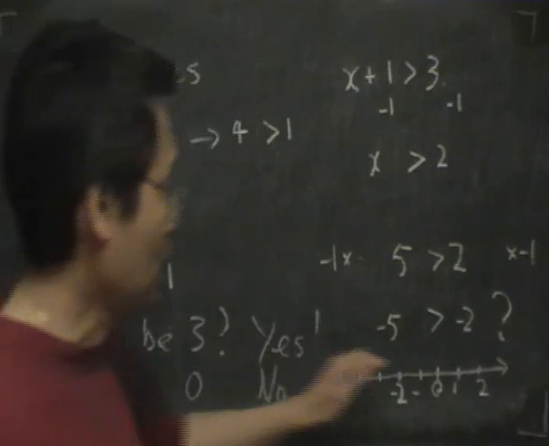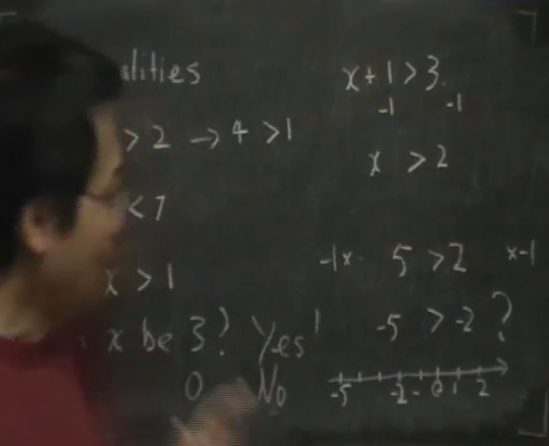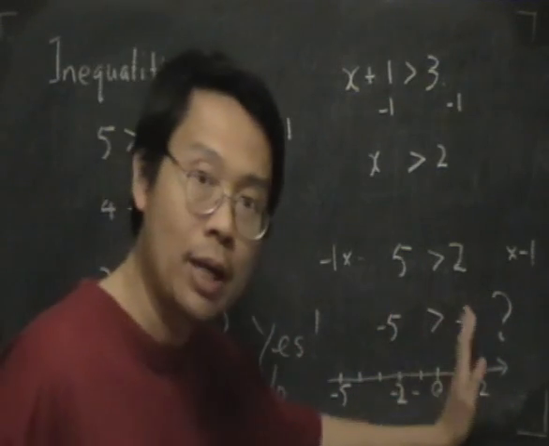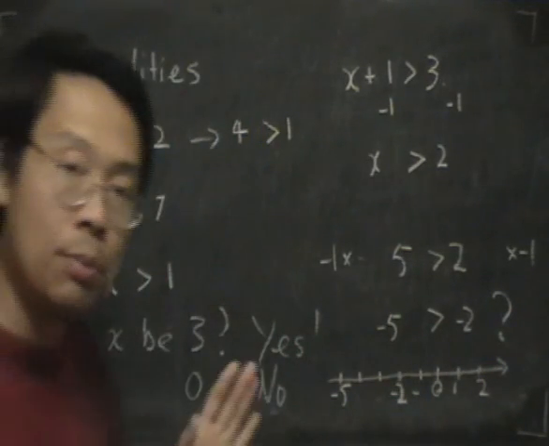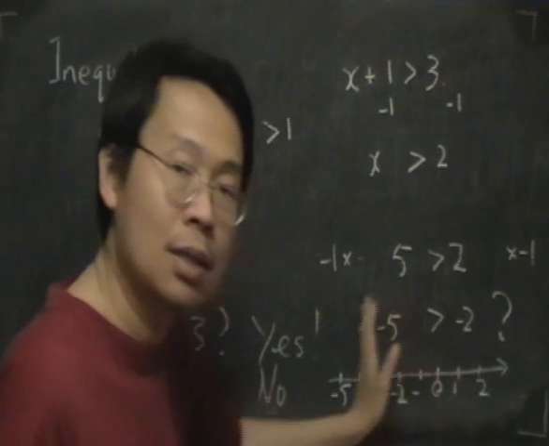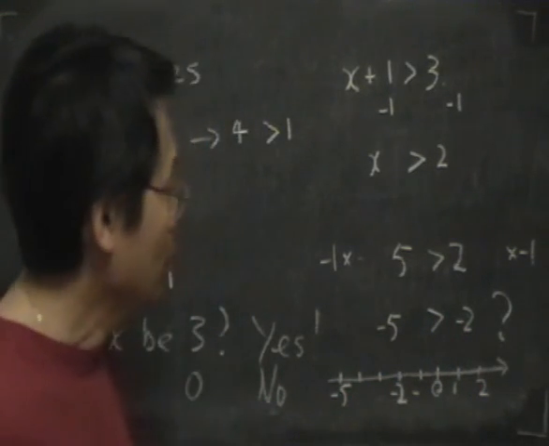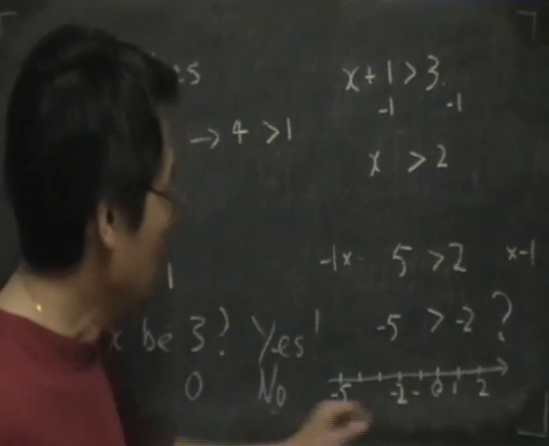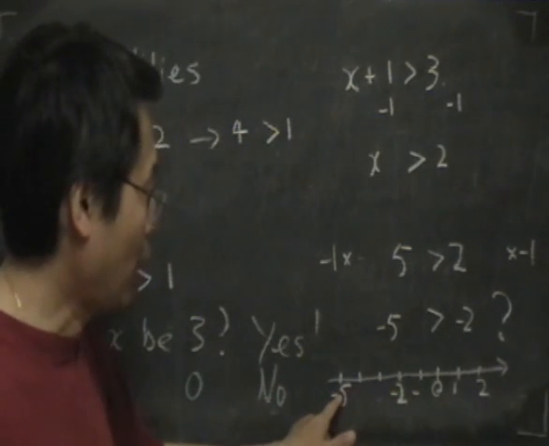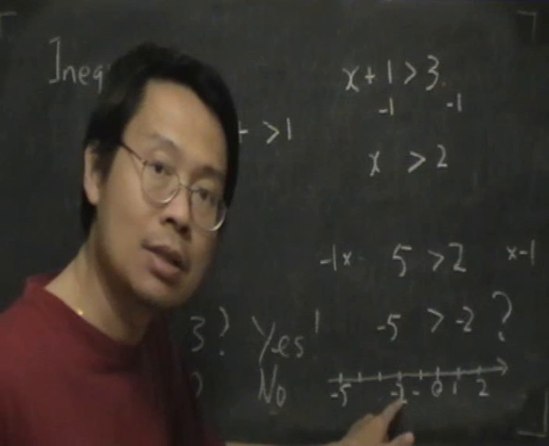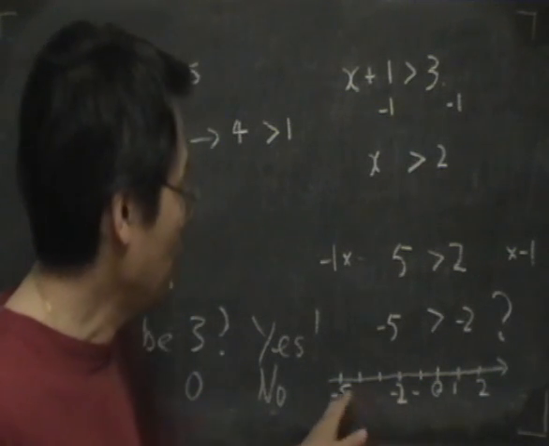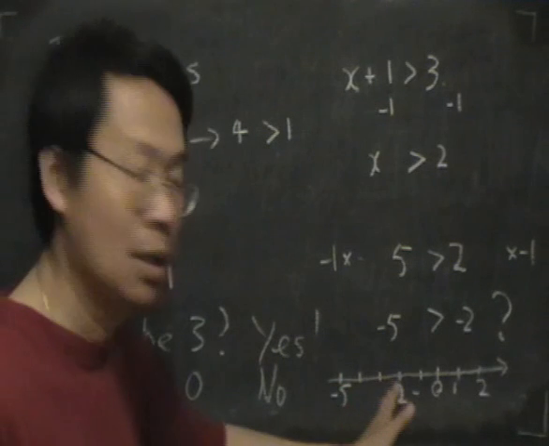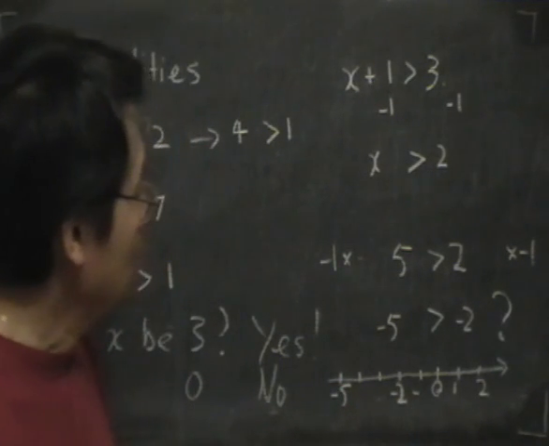So the idea of thinking about a number line is that any number further to the right is greater than numbers that are on the left. So 2 is greater than 1, but 1 is less than 2. So minus 2 is greater than minus 5, but minus 5 is less than minus 2. So if minus 5 is to the left of minus 2, that means minus 5 is less than minus 2.